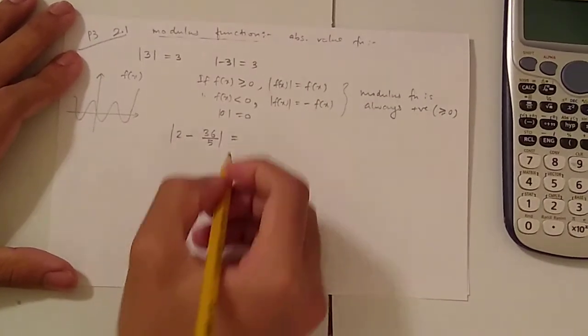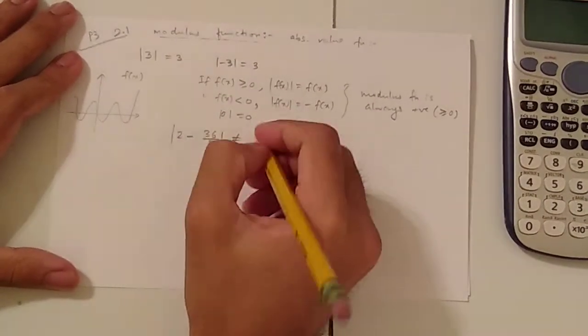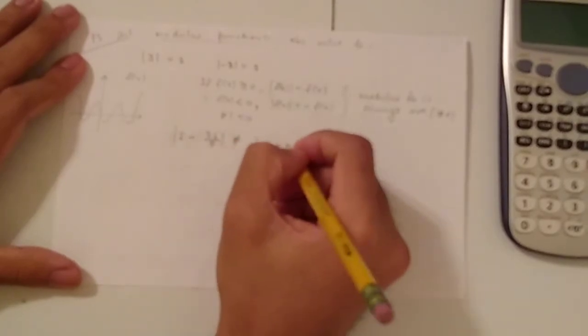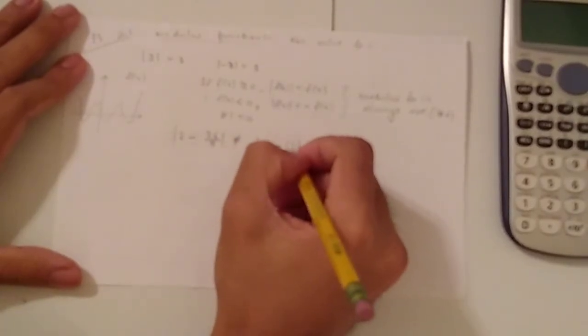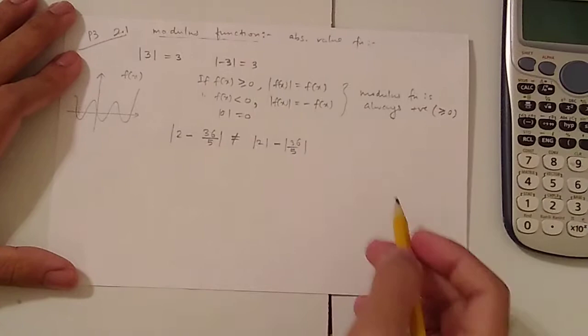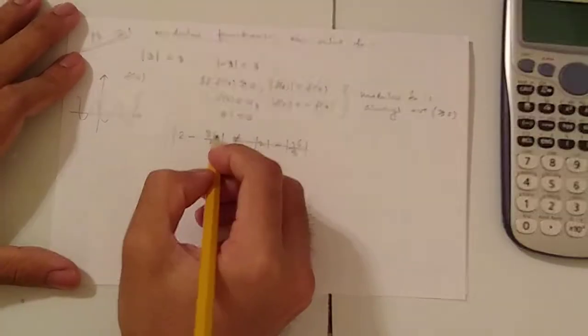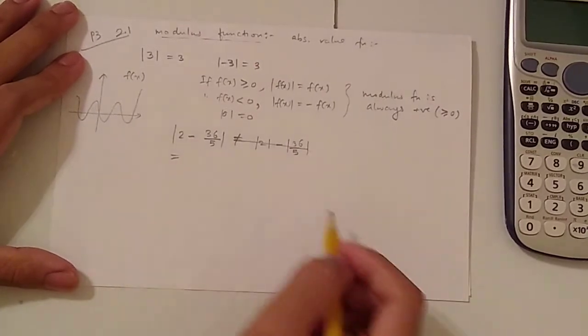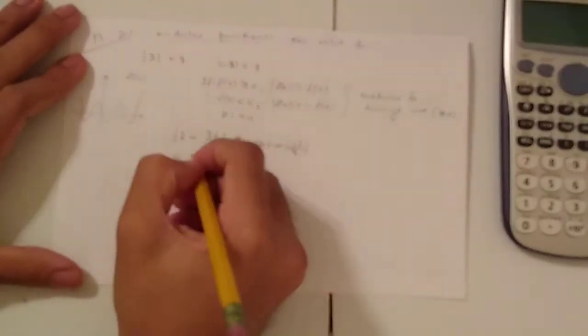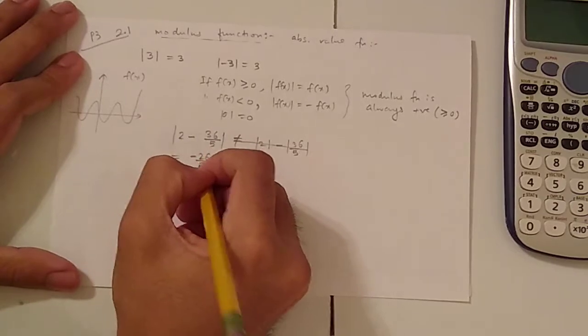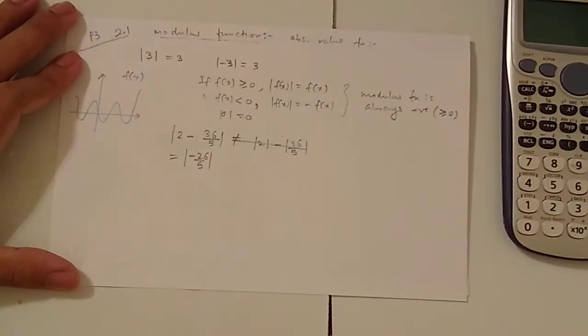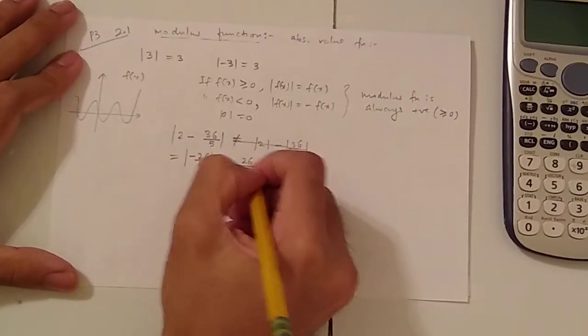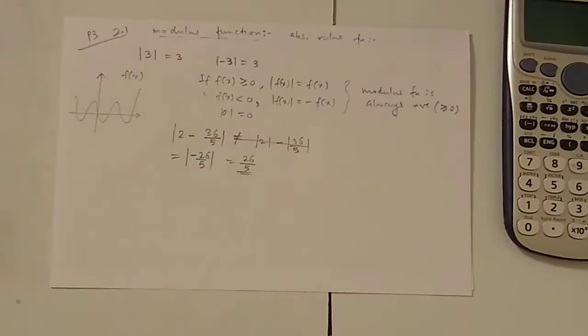The modulus function is not a linear function, such that you cannot write this as this and then apply the modulus function separately. This is definitely not right. You need to simplify the expression in the bracket inside the function. So over here, 2 minus 36 by 5, if you use your calculator, you'll get minus 26 by 5. And then when you apply the modulus, it becomes 26 by 5. So simplify the function inside the bracket and then apply the modulus symbol.